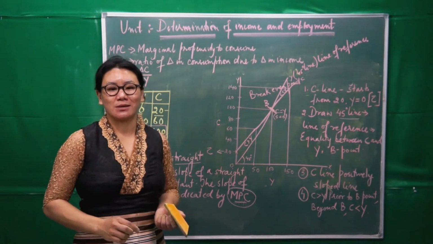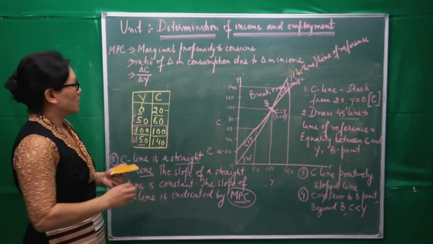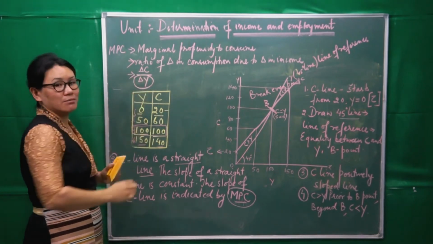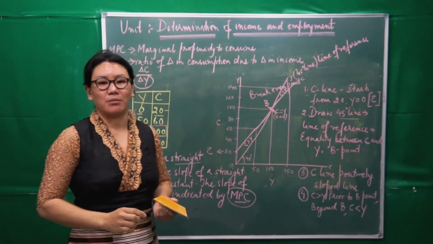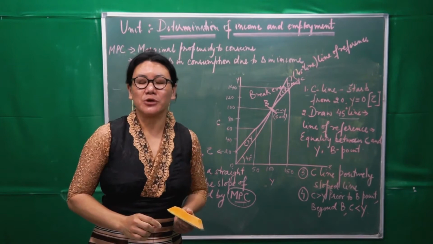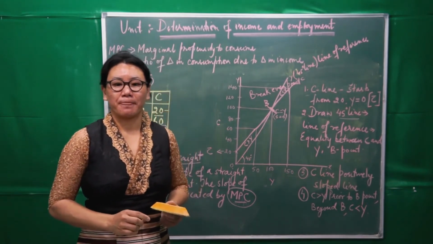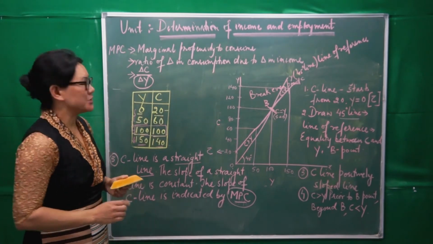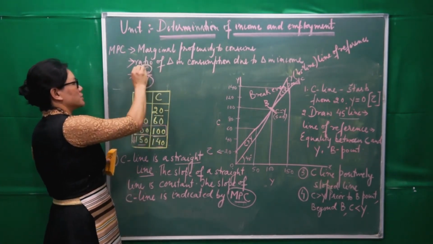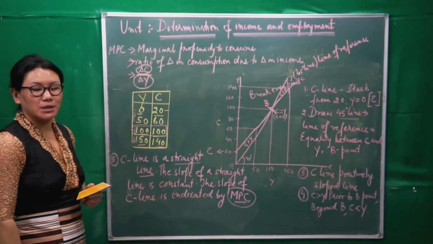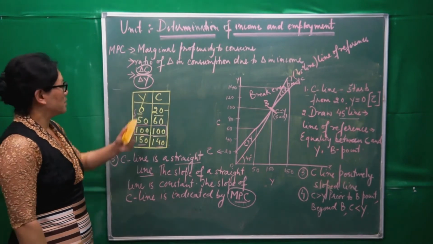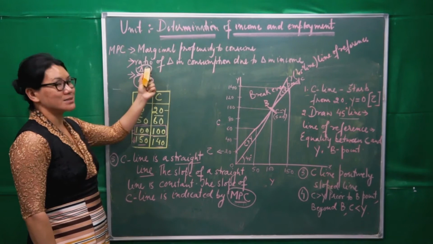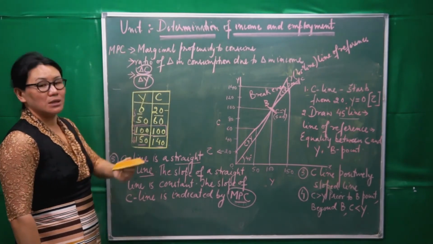It shows that because of change in income, there will be a change in consumption. This is MPC. What is MPC? Because of change in income, there will be a change in consumption. Is called as MPC.